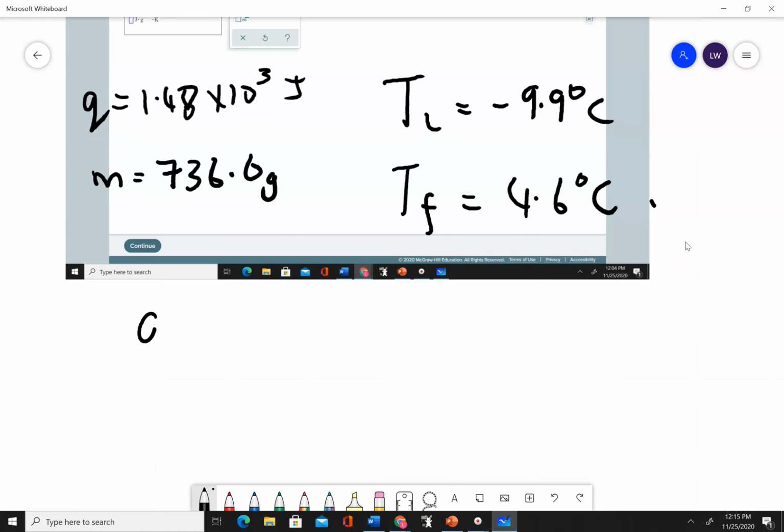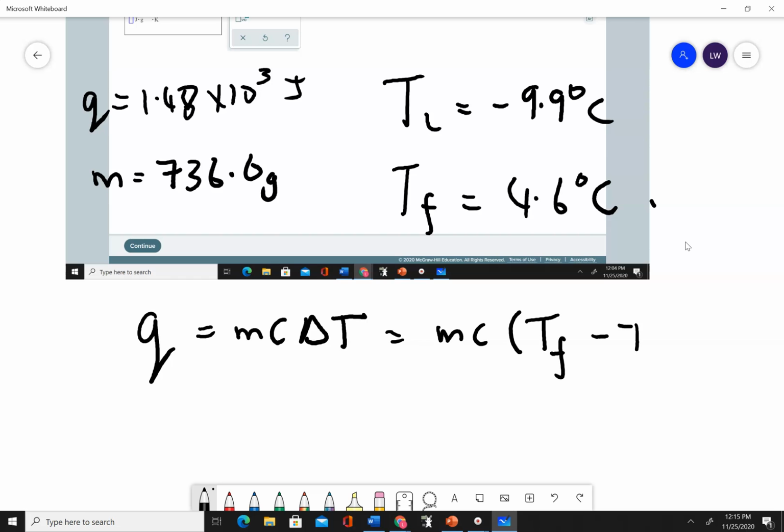Okay, so we know that Q equals m c delta T, and we know that the delta T is just our T final minus our T initial.